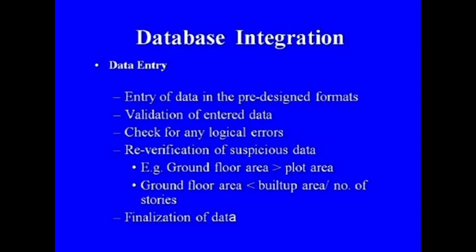Now, we come to database integration and data entry. All the data entry had to be done in a pre-designed format and validation of the entered data had to be done, so that checks for any logical errors could be performed. Further, there was re-verification of suspicious data, for example, where the ground floor area is greater than the plot area, or the ground floor area is less than the built up area divided by the number of floors, and finally, the finalization of the data.